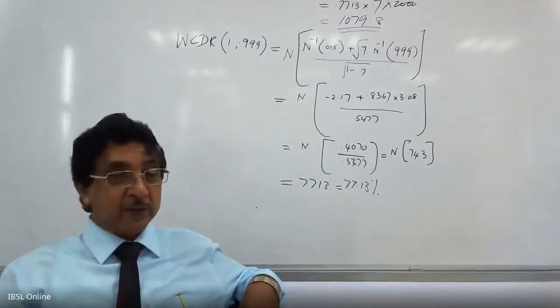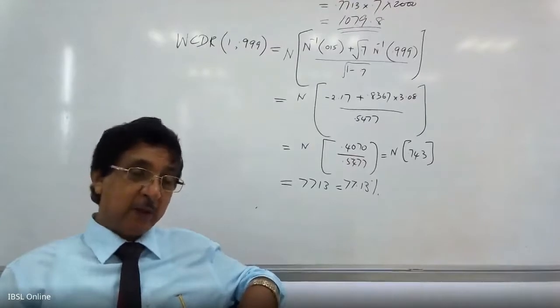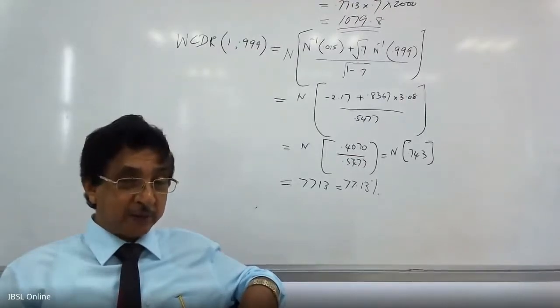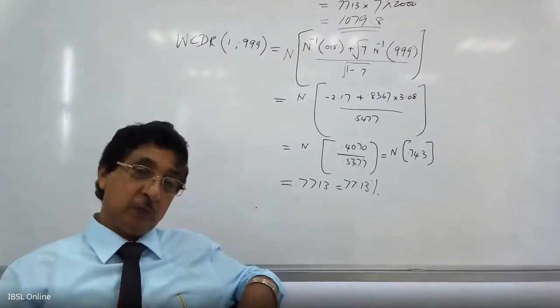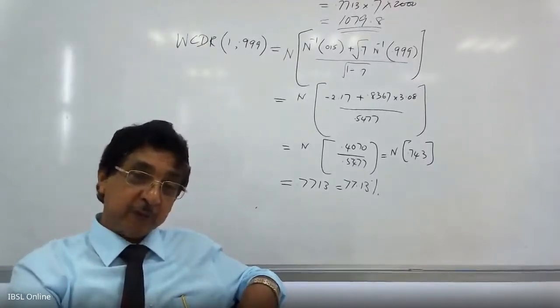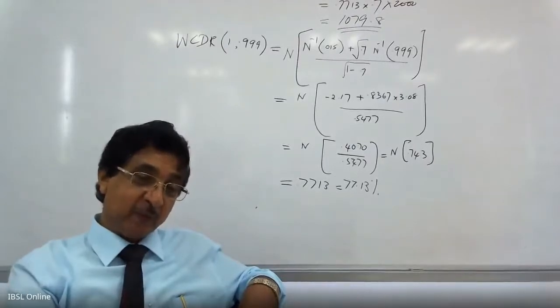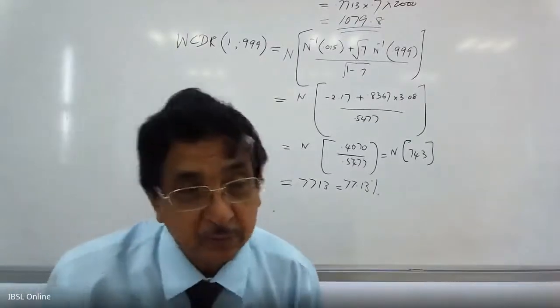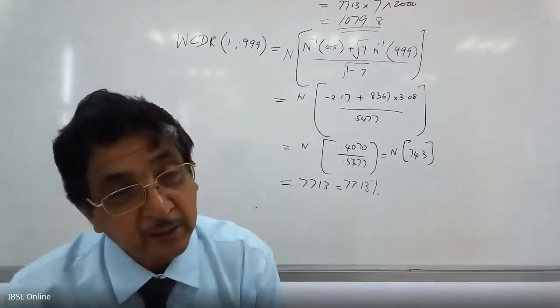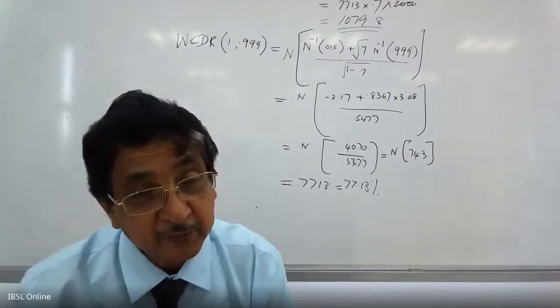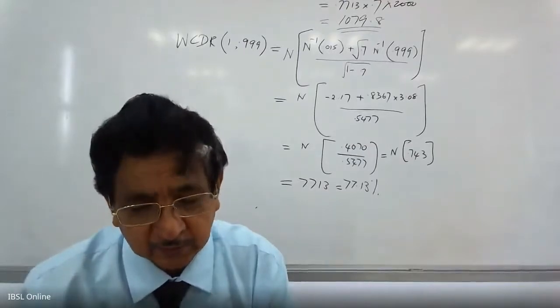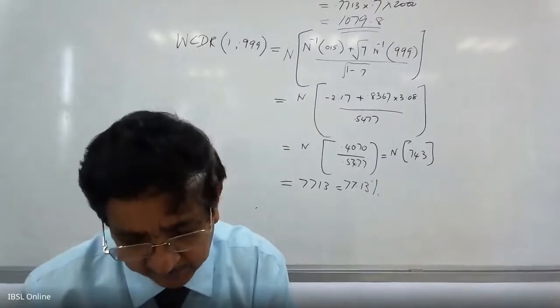Right. Now with this calculation, how are we going to get the credit value at risk? What should we do? We have to go to the multiplication, that is WCDR into LGD into EAD. WCDR is 77.13 or 0.7713, into what is the LGD? Because here the recovery rate was given, that is 30%.